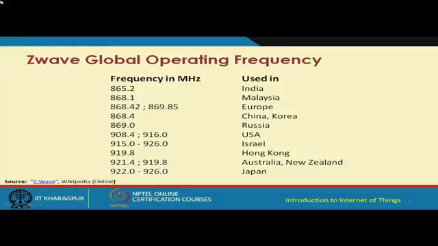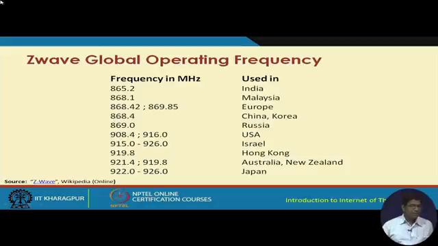I was telling you that in the US the frequency bands are 908.4 and 916 megahertz, in Europe 868.42 and 869.85 megahertz, and for other countries the different frequencies of operation are shown in this table.